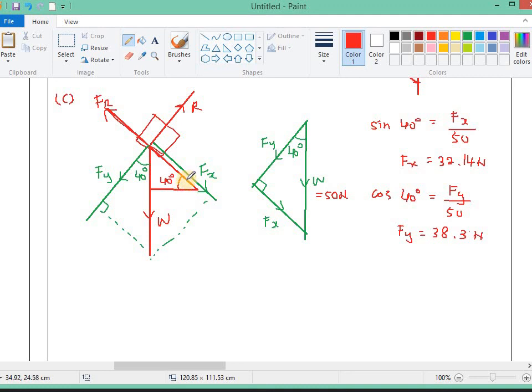So we know that this friction equals Fx, and reaction equals Fy. Fx we already found out, Fy also found out. So we can answer the question. We say that Fr equals Fx equals 32.14 Newton, and R equals Fy equals 38.3 Newton. Okay, done.